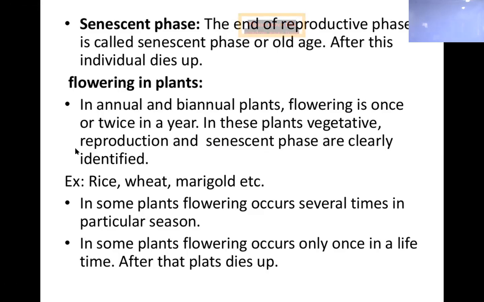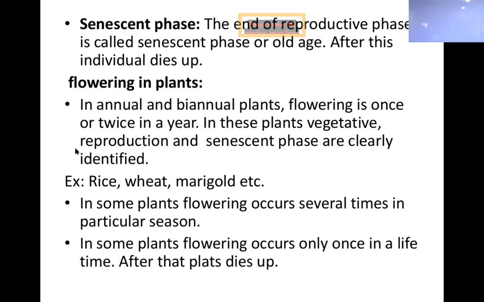Sejal, yes, tell me what is vegetative reproduction? Like, ma'am, it is done by cutting, grafting, or tissue culture. No, that is artificial vegetative propagation. I'm talking about when it takes place naturally.